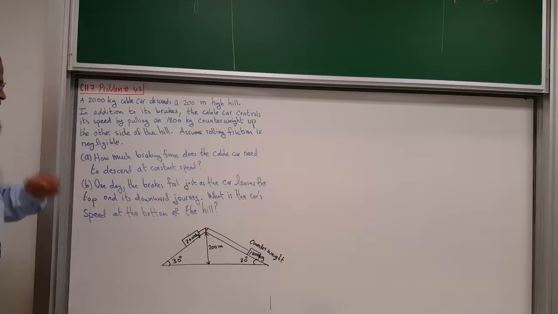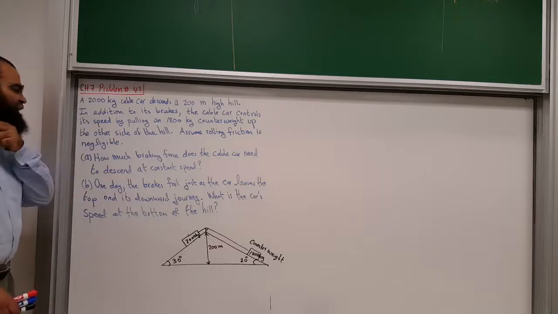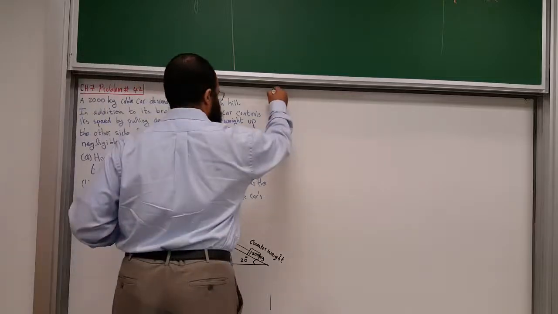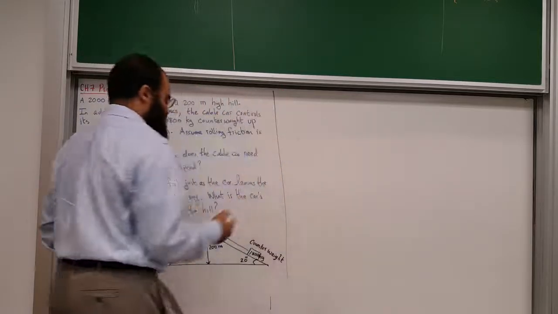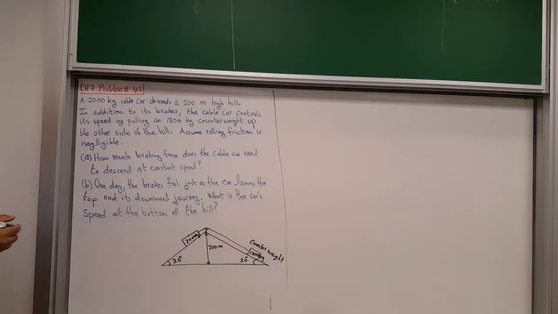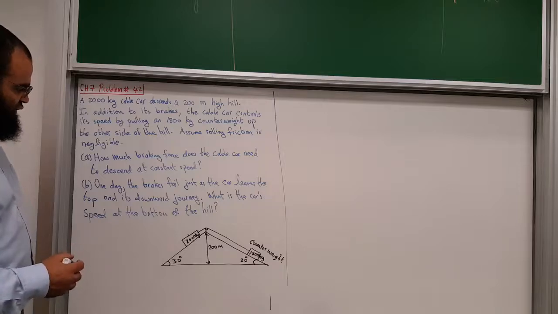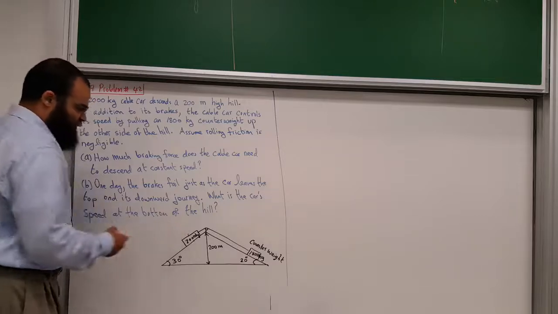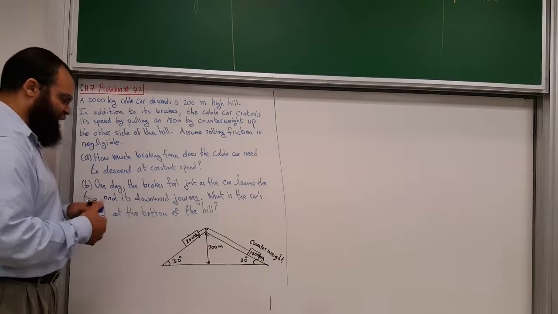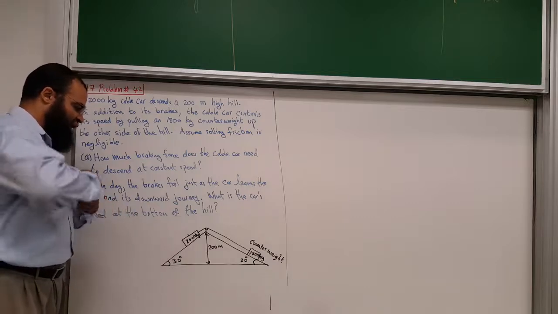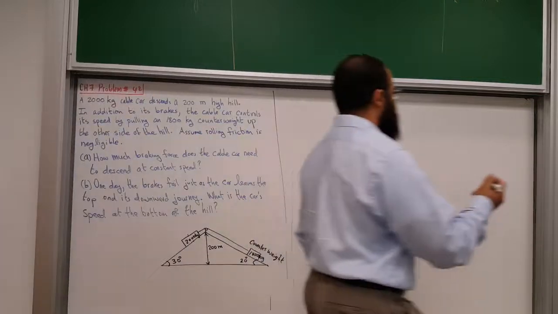So let's do part A, and then we'll go back and do part B. I don't think I have enough space to do parts A and B in one space. So I'm going to look at the 2,000 kilogram car first, and then we'll look at the 1,800 kilogram counterweight, and then consider them together.